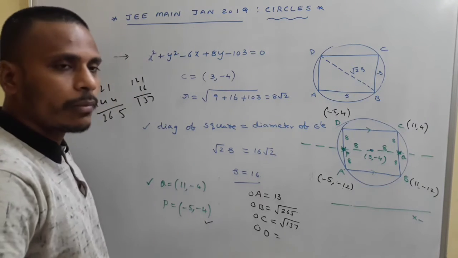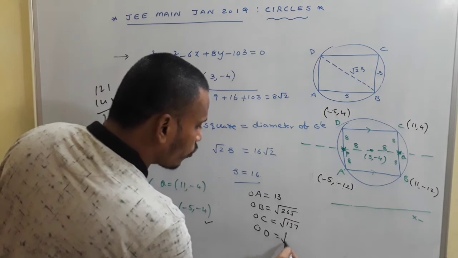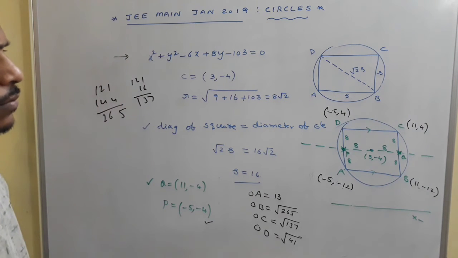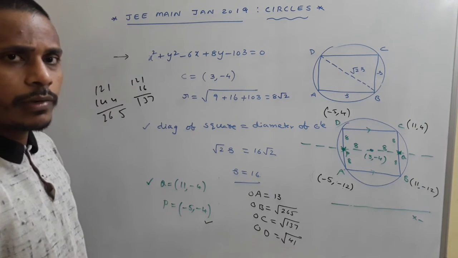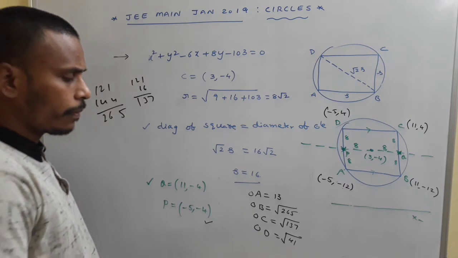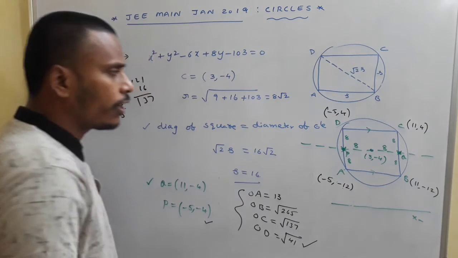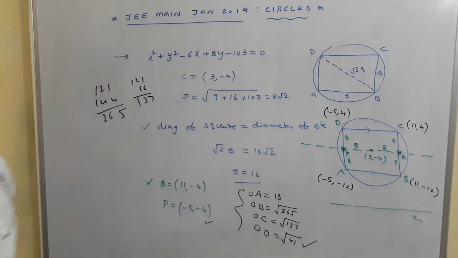Next, D (-5, 4): 25 plus 16, which is 41. Okay. So among these, what is the smallest value? OD, root 41. So from the options, the required distance is root 41.